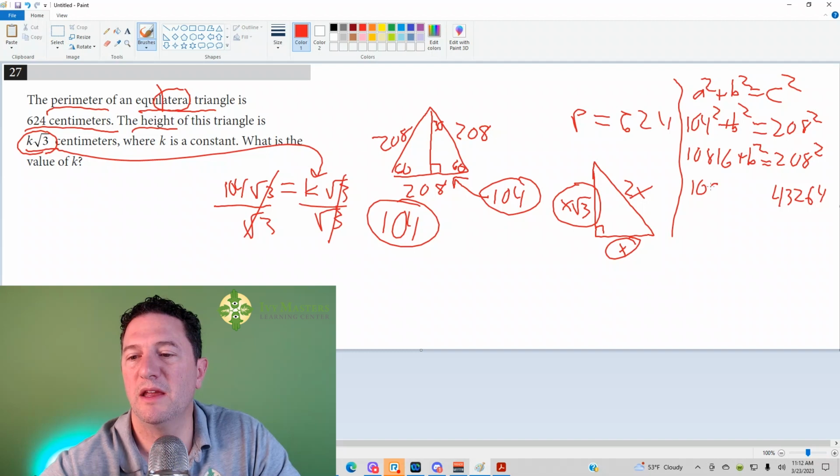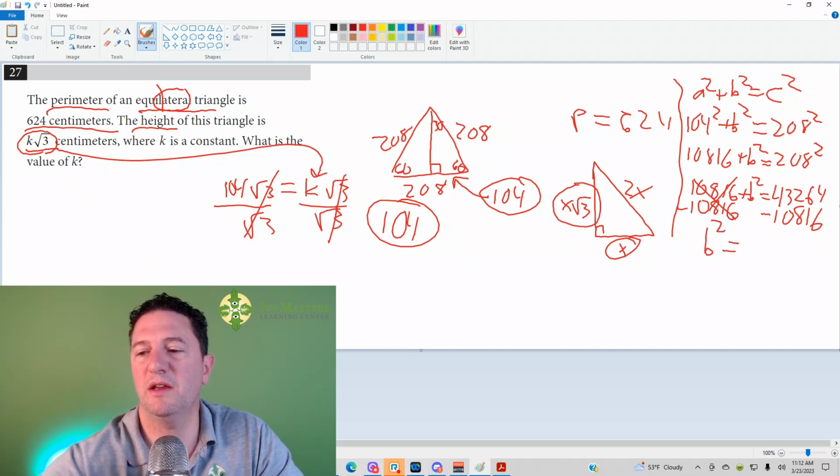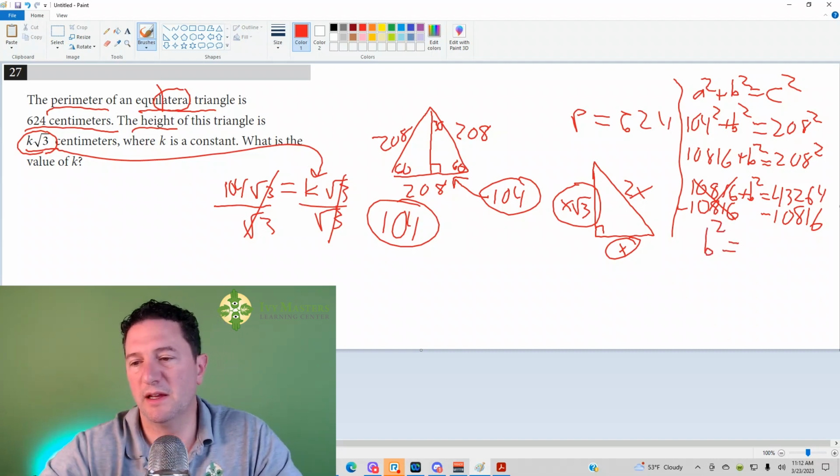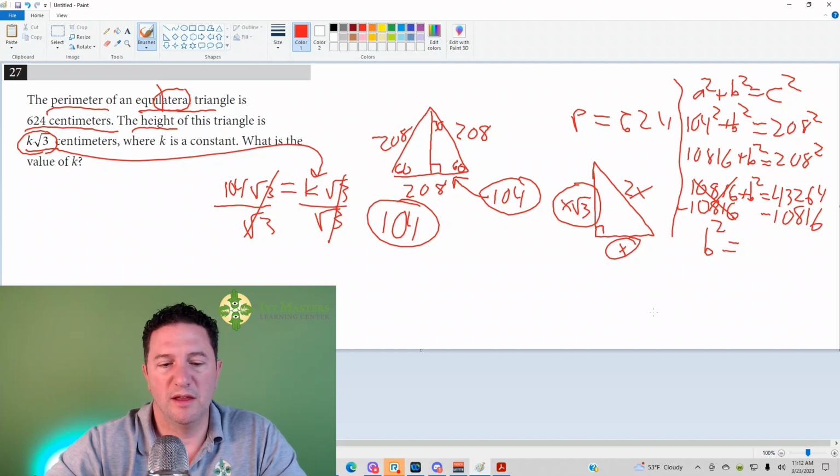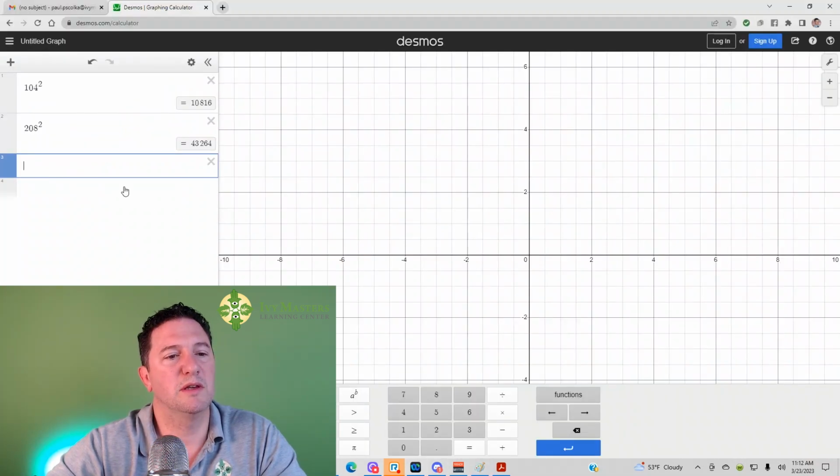So it's 10,816 plus b squared equals that. And if you subtract 10,816 from both sides, this cancels. We get b squared equals, and then we're going to just subtract them in here. We have our answers both posted in here.